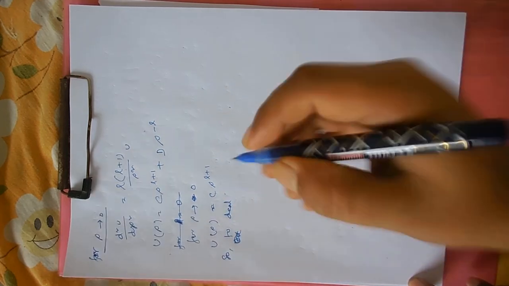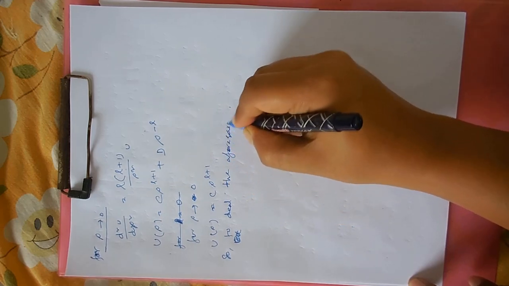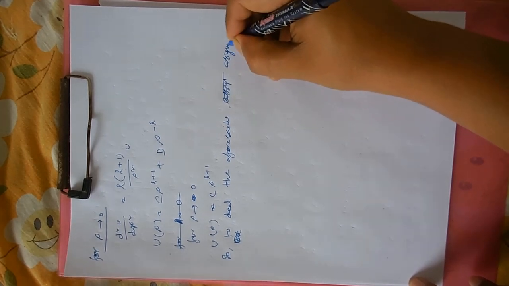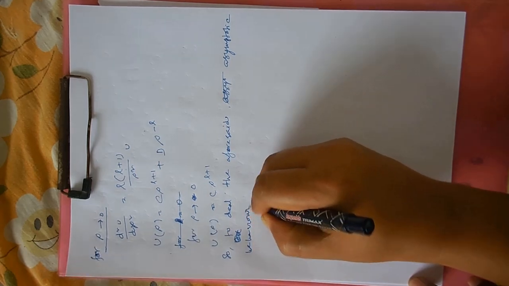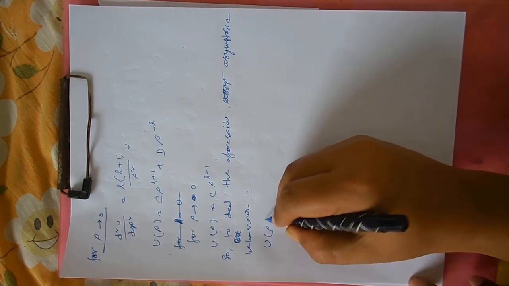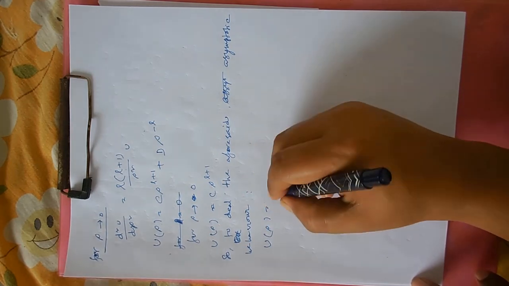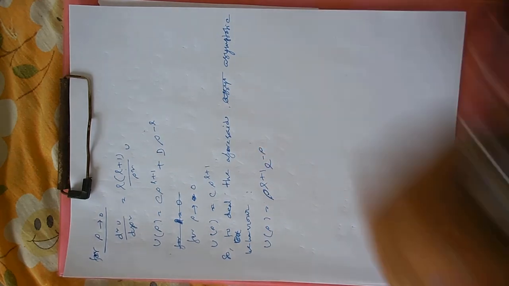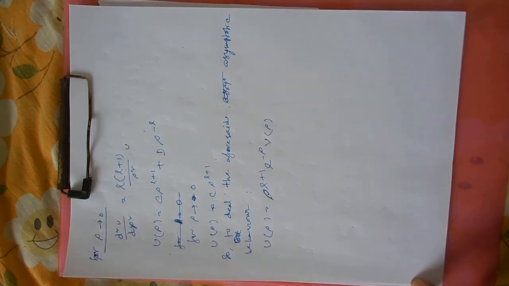To deal with the aforesaid asymptotic behavior, we will consider u of rho as combining the two: rho to the power n plus 1 for tending to 0, and e to the power minus rho for tending to infinity, and let us define another variable v of rho, suppose.